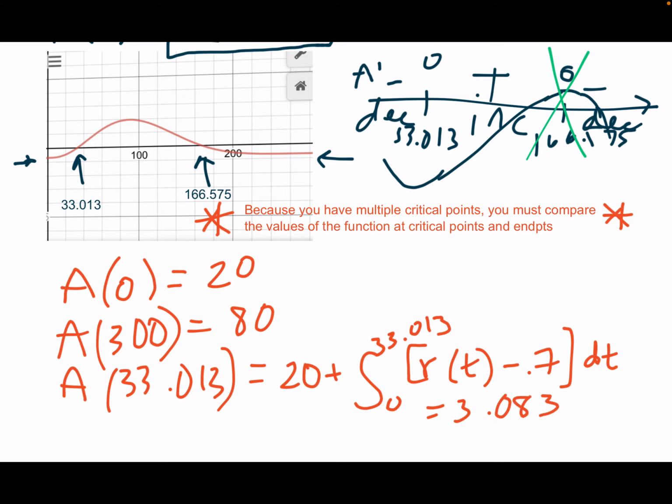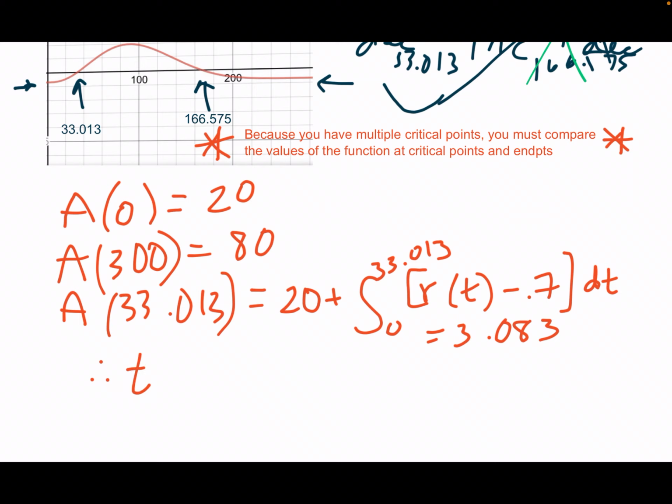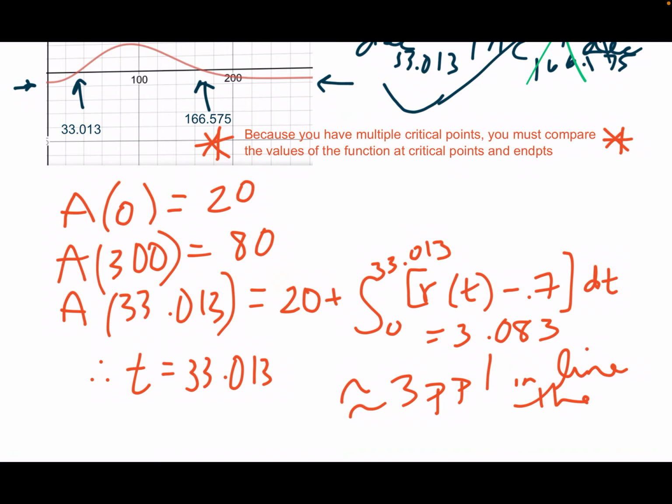Therefore I'm going to conclude that the minimum number of people in line happens at t equals 33.013, and there are roughly 3 people in line at that time. Okay. All right.